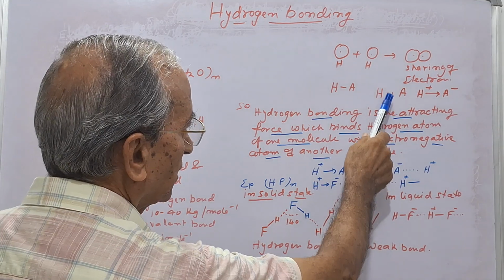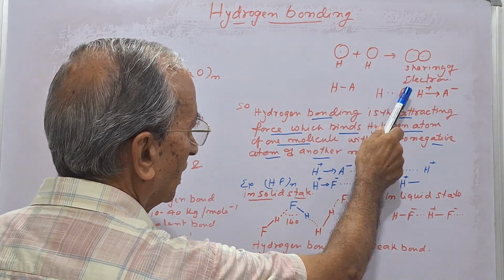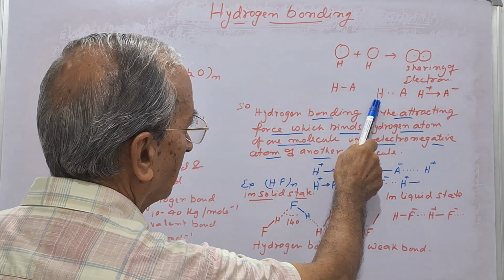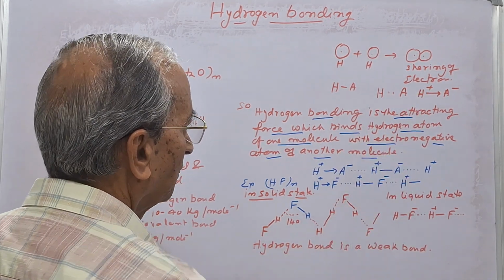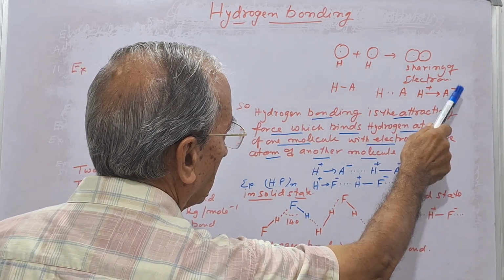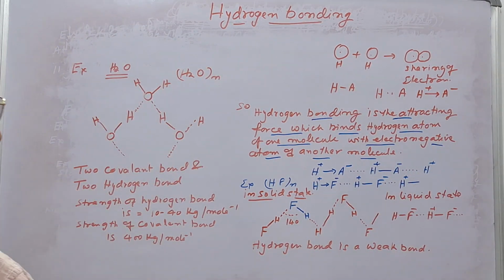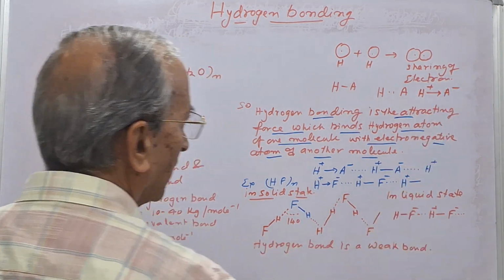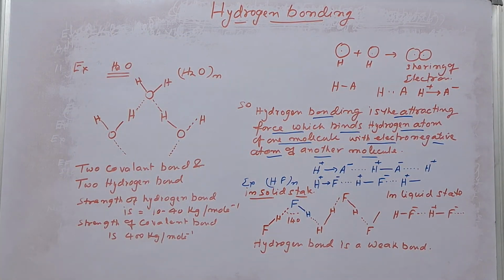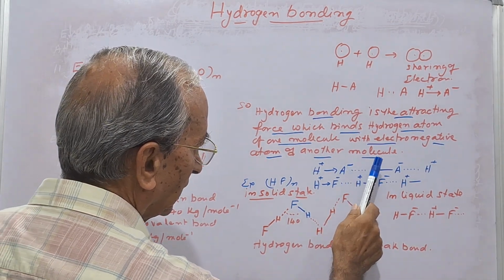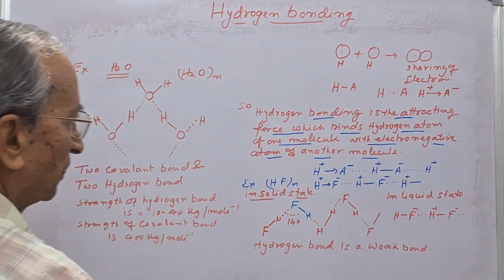As the shared pair of electrons shifts towards the more electronegative atom, hydrogen becomes electropositive and the other atom becomes more negative. Now this more negative atom again forms a bond with the electropositive hydrogen atom.